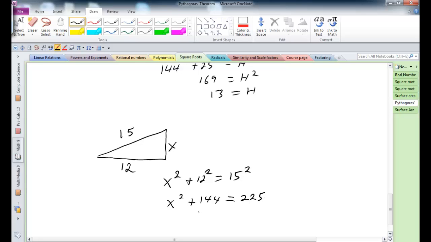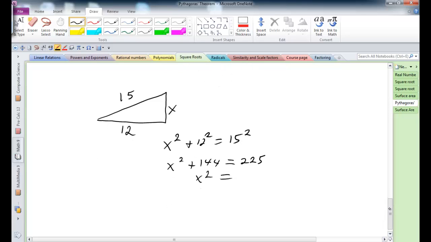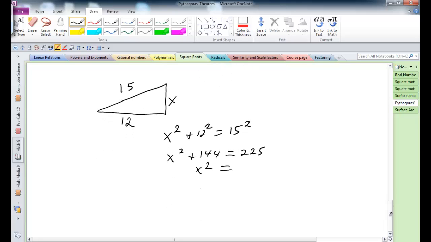So now I'm going to get x squared equals 225 minus 144, which is 81. And so you can see if we square root 81, x is going to be 9. And so we've solved for the length of a leg rather than the length of a hypotenuse.